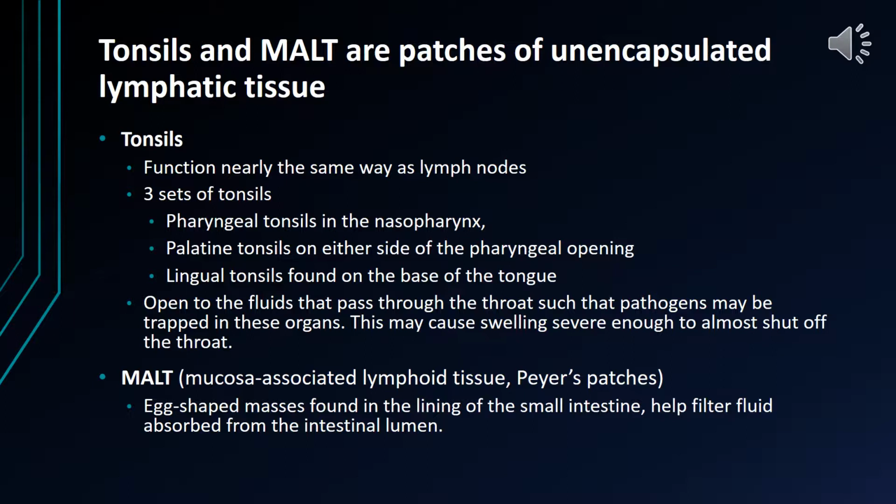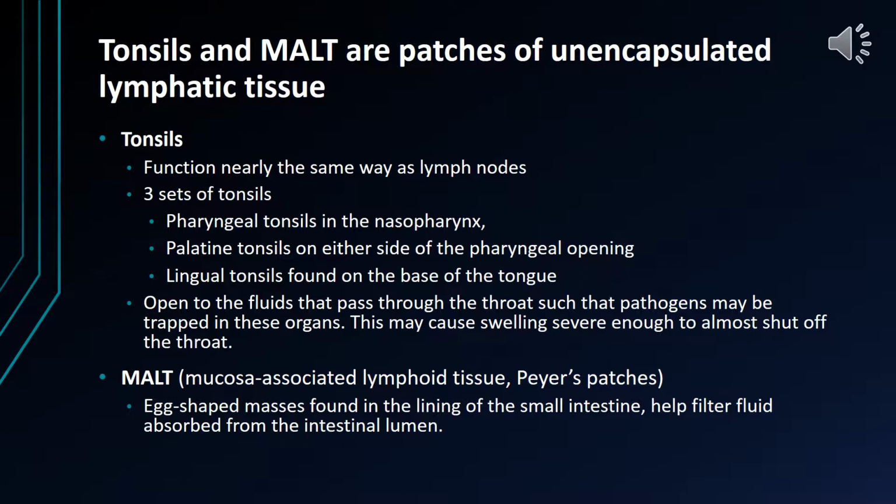And then there's MALT, or mucosa-associated lymphatic tissue, and also the Peyer's patches, which are a form of MALT. And anyway, all of these MALT tissues are egg-shaped masses found in the lining of the small intestine, or rather, Peyer's patches are found in the small intestine.